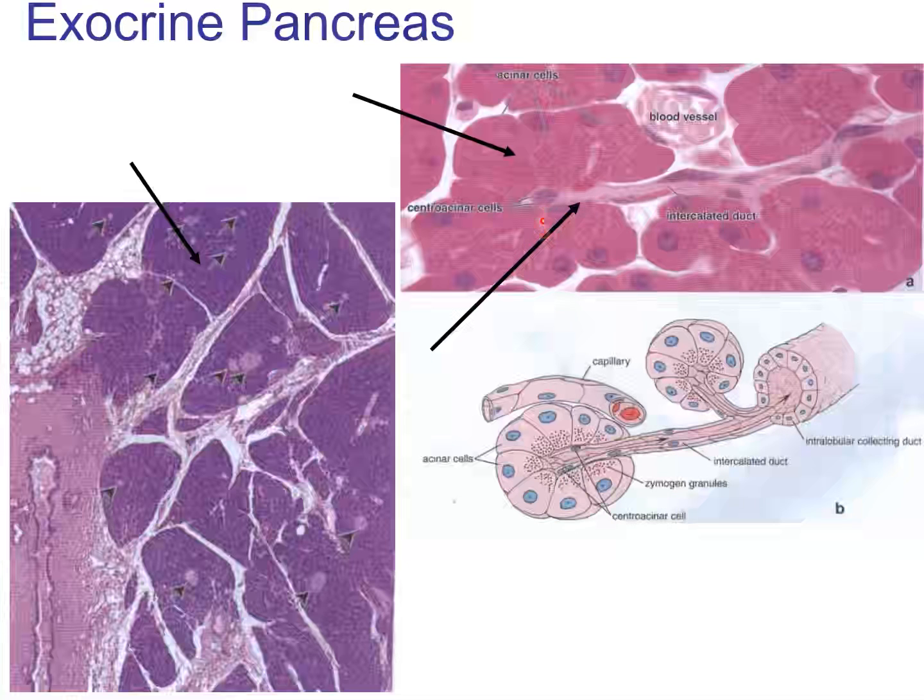So this nucleus is called centroacinar nucleus. This is one of the features of the pancreas. This is showing, the arrow showing one of the islets.